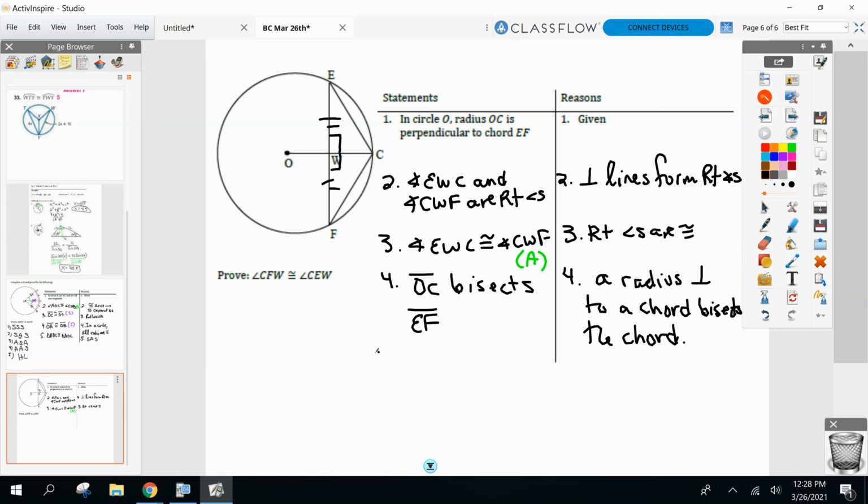Now, can somebody tell me why I can say that EW is congruent to WF? Nothing fancy. Why are those two congruent now? Definition of a bisector.